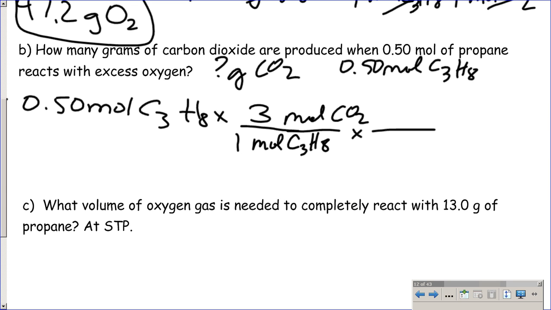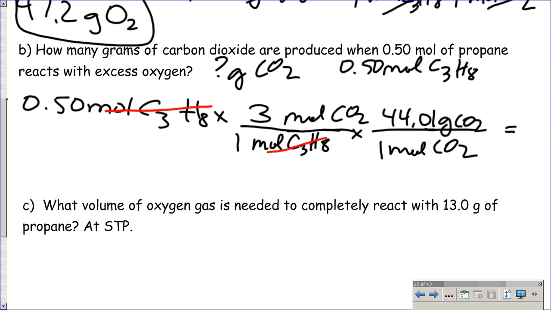And I'm still not to grams of carbon dioxide. I'm to moles of carbon dioxide. What do I do now? Molar mass. 1 mole of carbon dioxide weighs 32 plus 12, 44.01 grams of carbon dioxide. Good, to be exact. So everything cancels: moles of propane, moles of propane, moles of carbon dioxide.